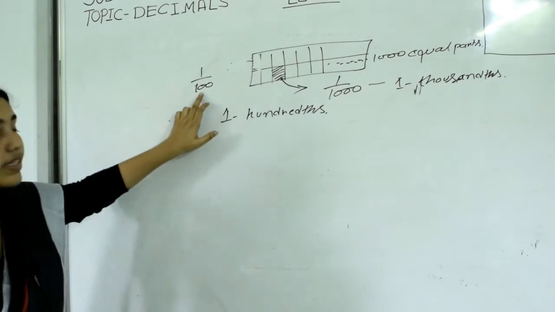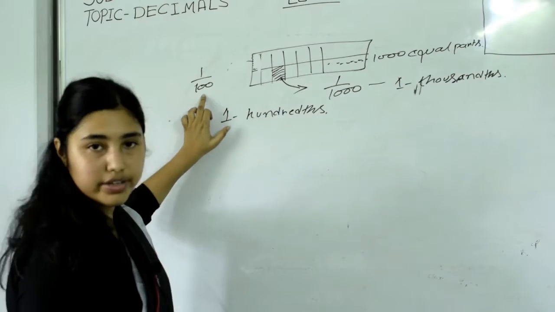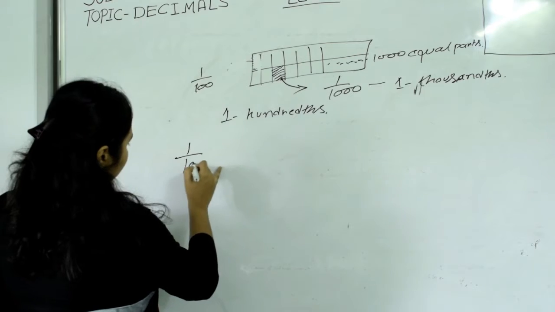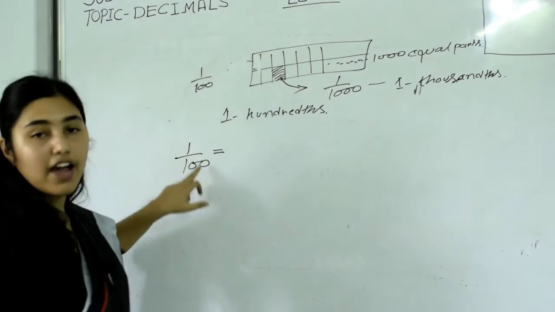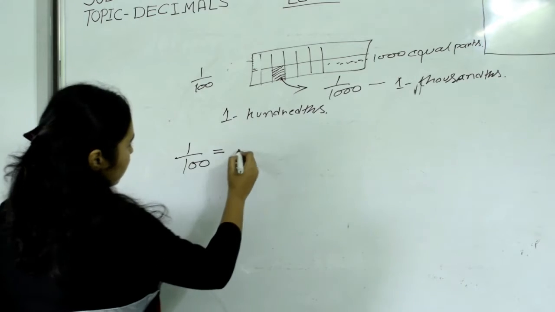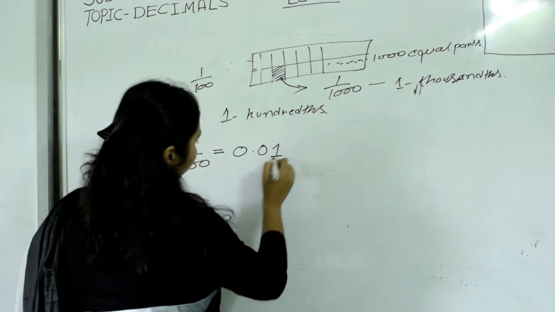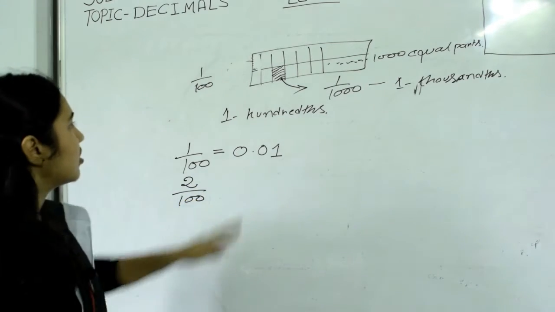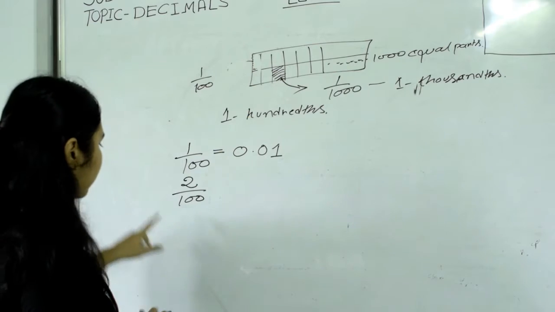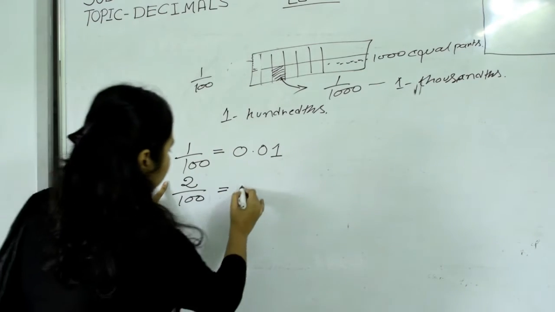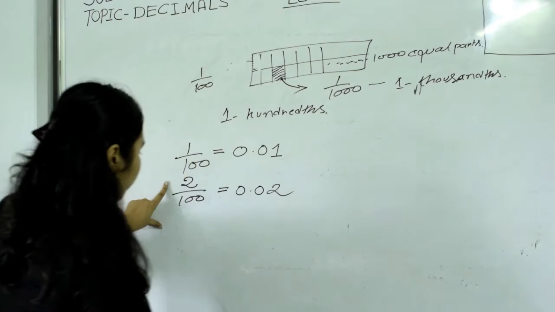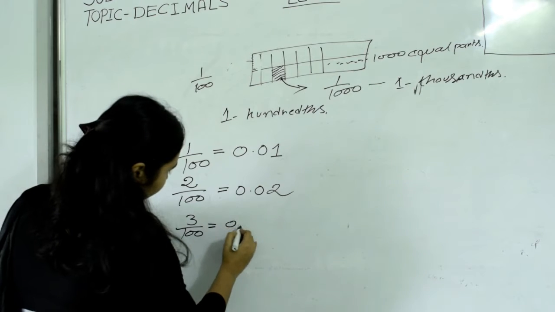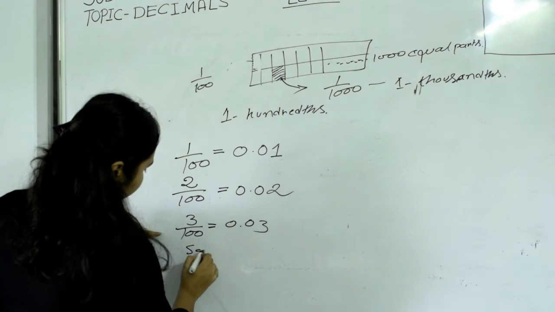Now let us see the decimal value of hundredths and thousandths. Decimal value of 1 hundredth is 0.01, and similarly if we consider 2 parts out of 100, then we can write it as 0.02. 3 by 100 is written as 0.03, and so on.